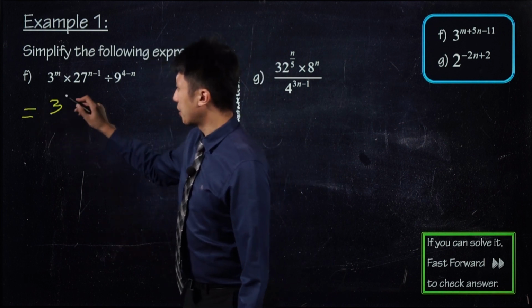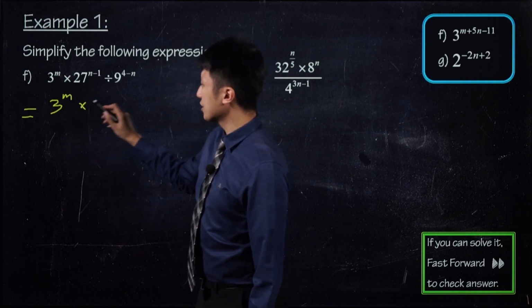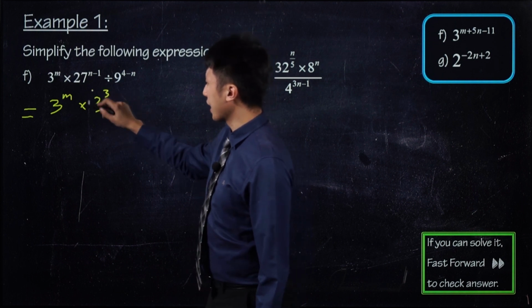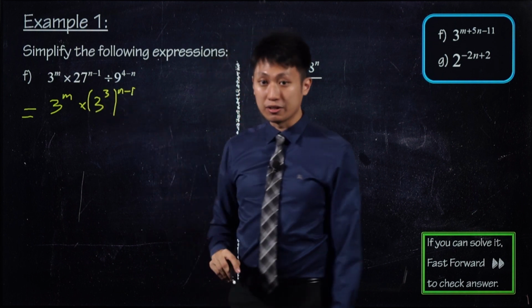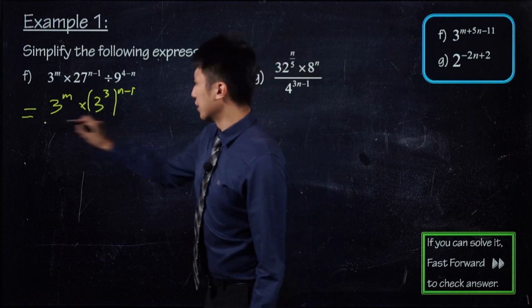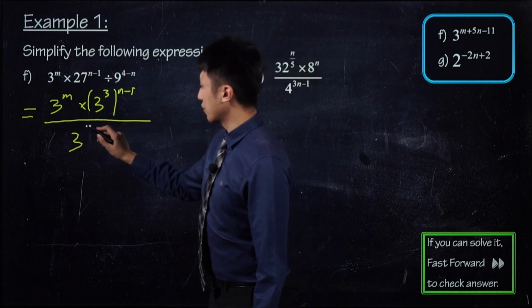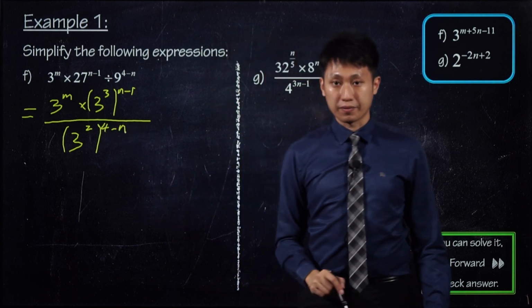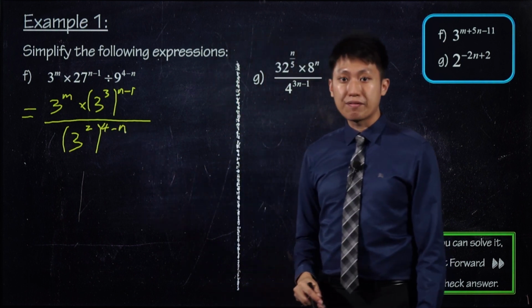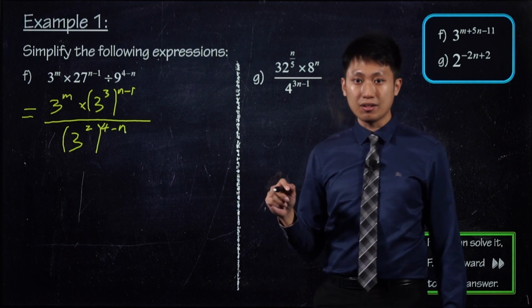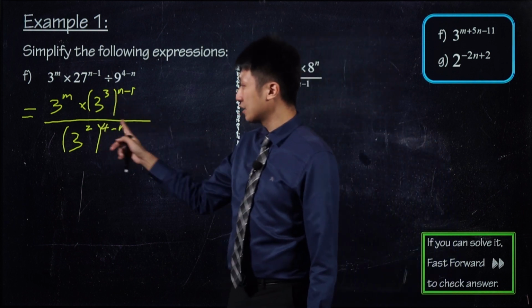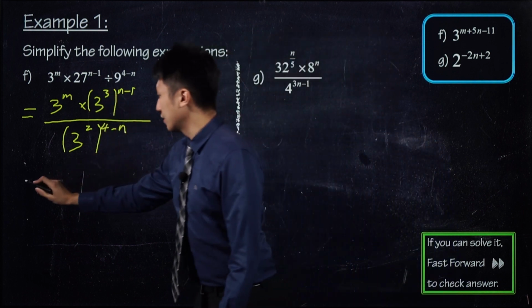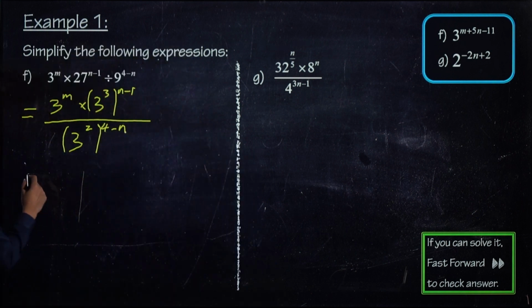This one is 3 to the power m, times 3 to the power 3 bracket n minus 1. I'm going to do it slow for the first time. So divided by 3 squared bracket 4 minus n. Get it? Alright, so everything is in base 3 now, except you've got to multiply this in so that you are clearer.